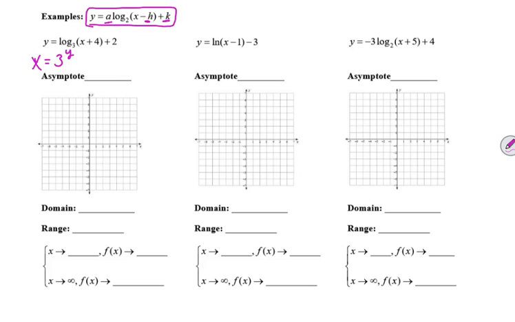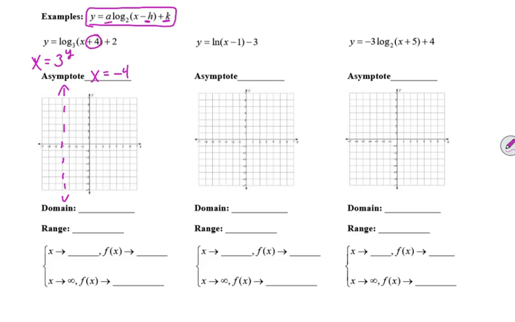You have base 3, so x equals 3 to the y. So I know that my asymptote is going to be shifted to the left 4, so x equals negative 4 is my asymptote. So sketch that in, negative 4, there's my asymptote.